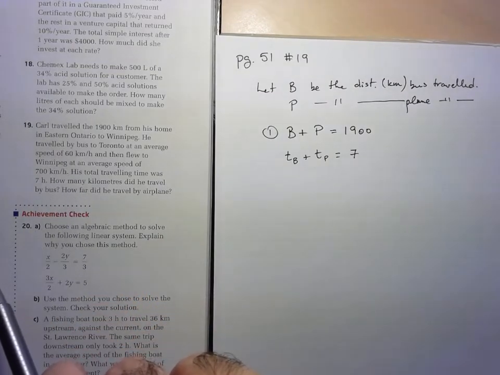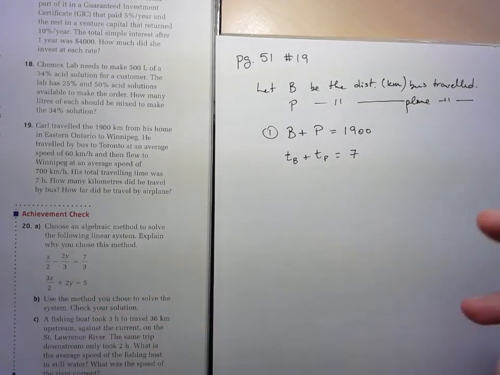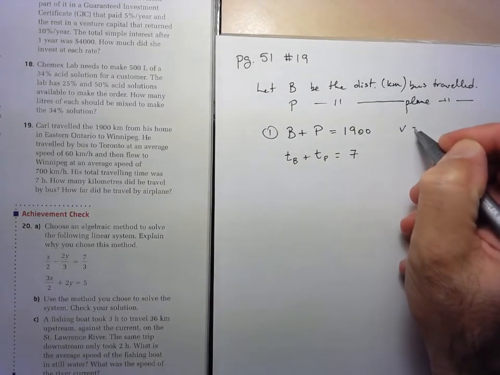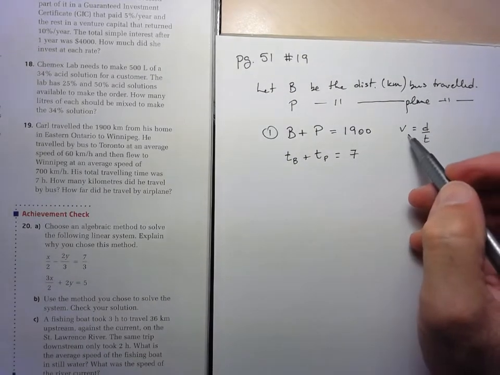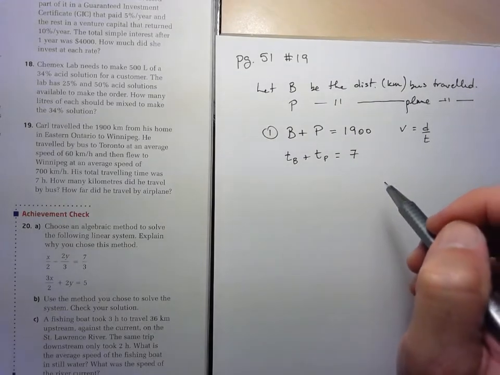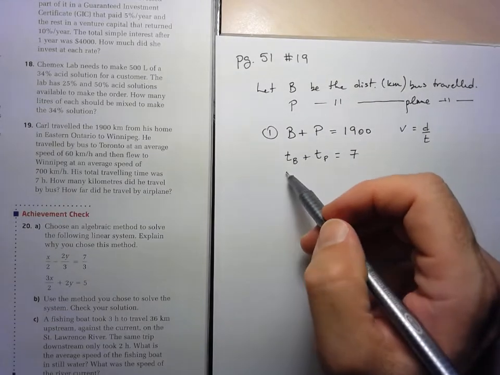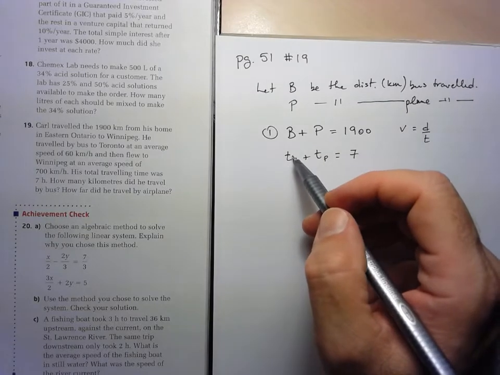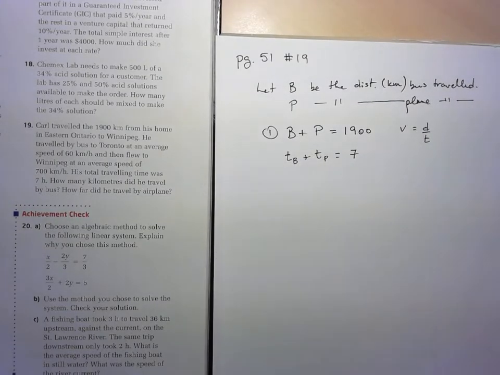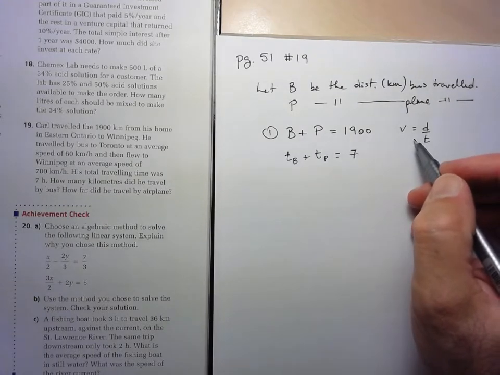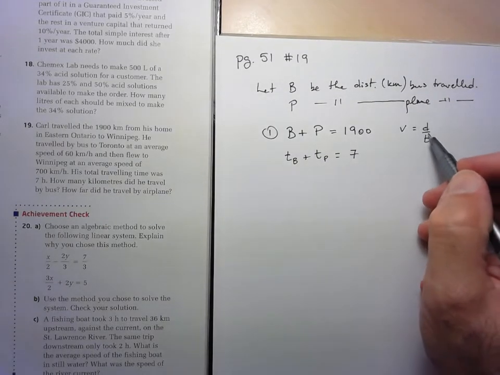This is where we're going to use our relationship between speed, distance, and time. We know that the speed is given as distance over time. But our goal is to take this time variable and rewrite it using the distance variable. So I'm just going to take this equation and rearrange it so that I solve for time.